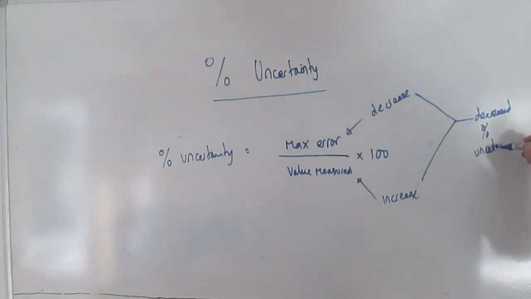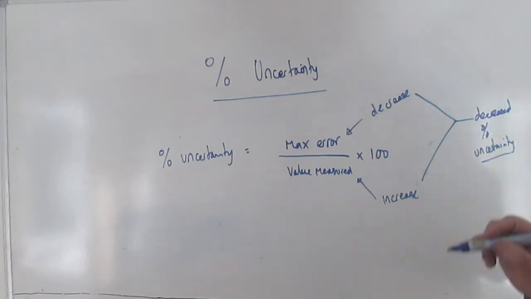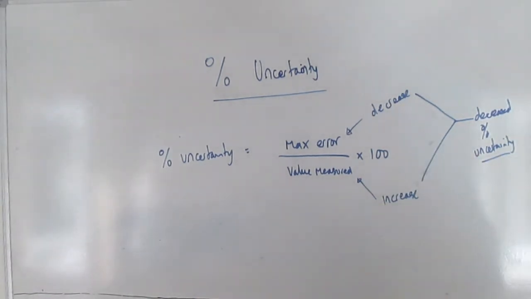So what you have to think about is what can you do to improve either of those things. So to decrease the maximum error is normally going to mean that you need a better bit of equipment. So for example, if we're talking about a balance, if you have a balance that reads to 3 decimal places instead of 2, that's clearly going to decrease the maximum error.